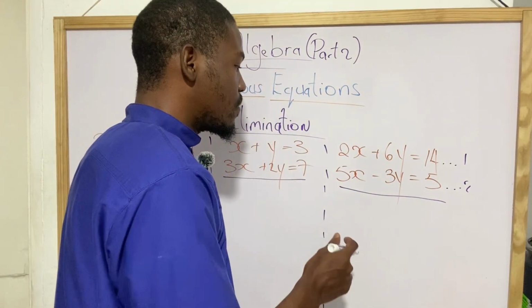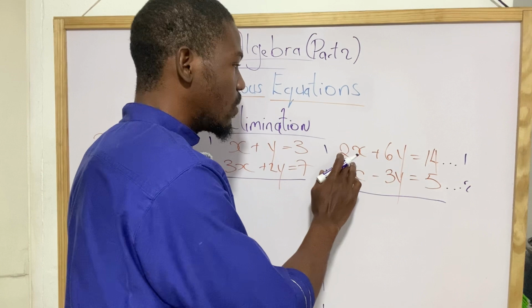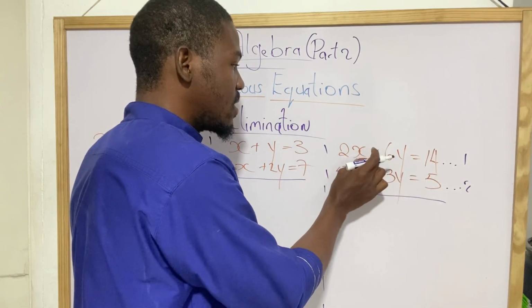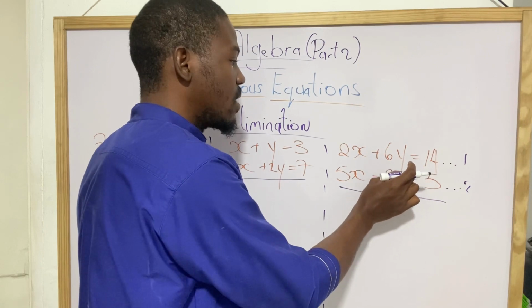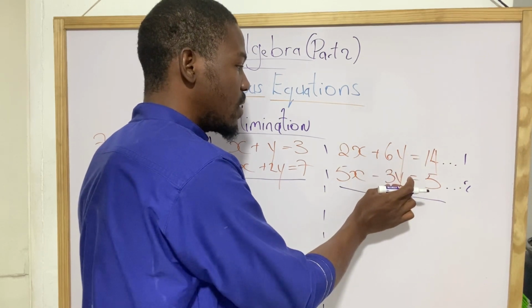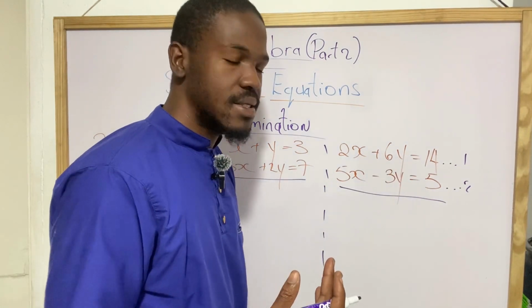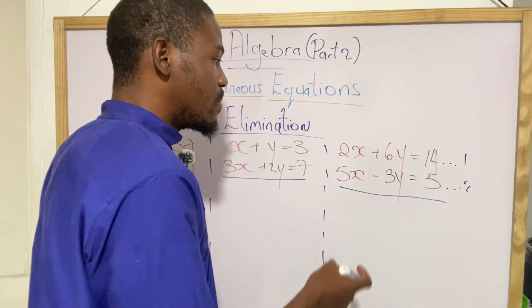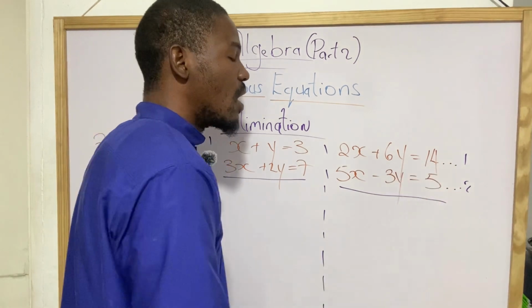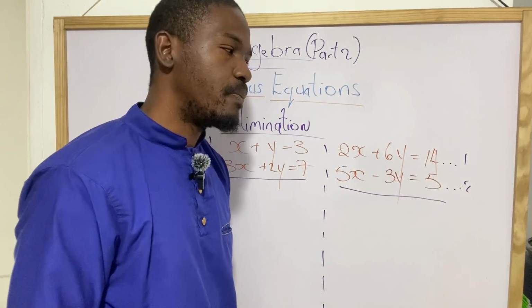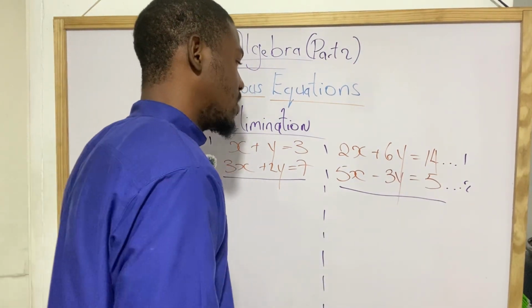Looking carefully at the 6y, we can let the 6 be 3 if we divide by 2. But I have to make sure that the other coefficients, 2 and 14, are also divisible by 2, for best practices at least.